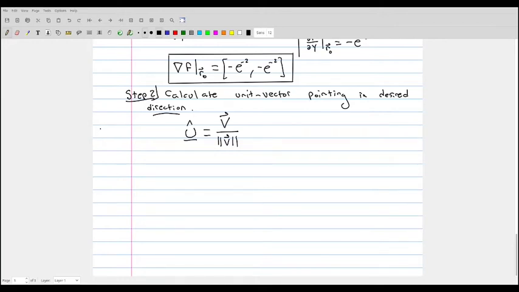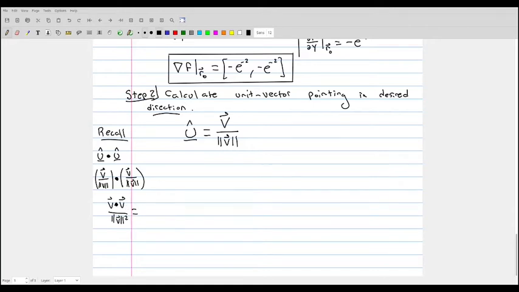Remember, and hopefully you remember this from a previous calculus course, the dot product of u with itself is the same thing as the dot product of v over the length of v with itself, v over the length of v, which becomes the dot product of v with itself divided by the length of v squared.